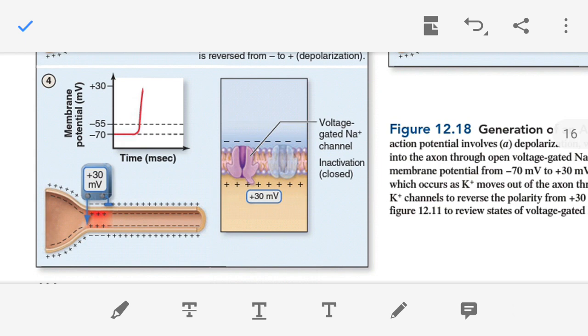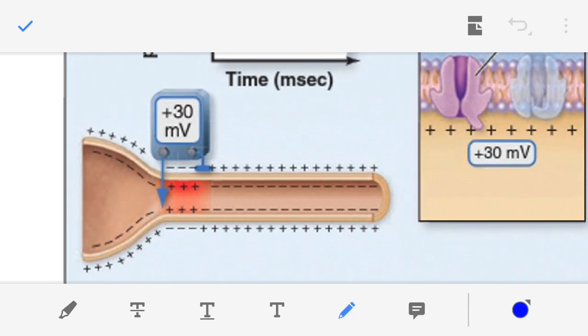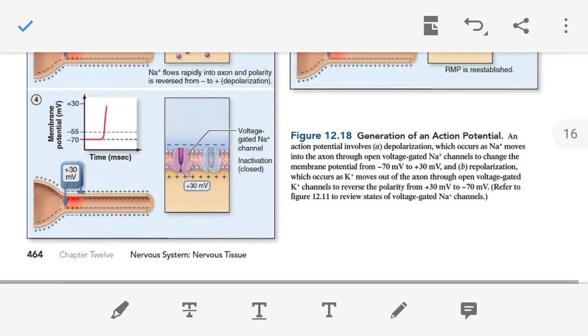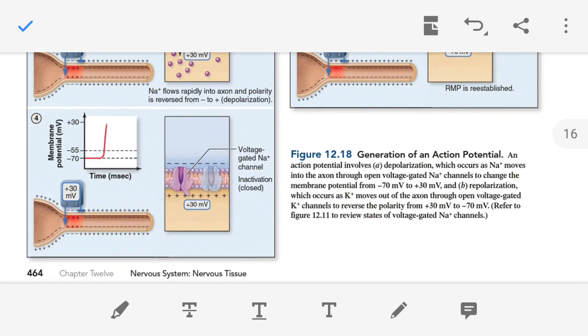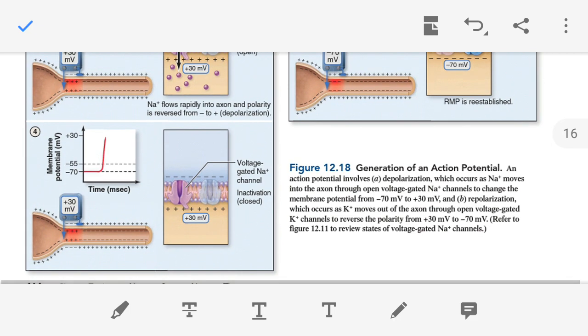This is the peak value. Here you can see outside negative, inside positive. So this is known as the depolarization.